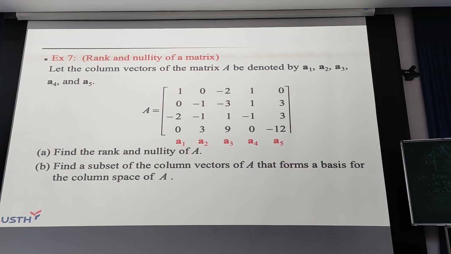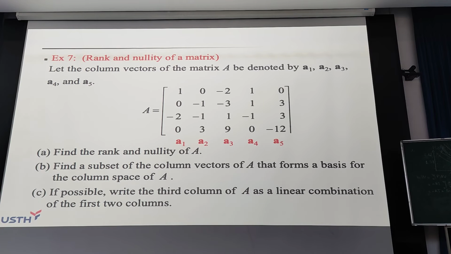The second thing is you need to find a subset of the columns so that it will be a basis for the column space of A. And the last one, try to write the third column as a linear combination of the first two columns.